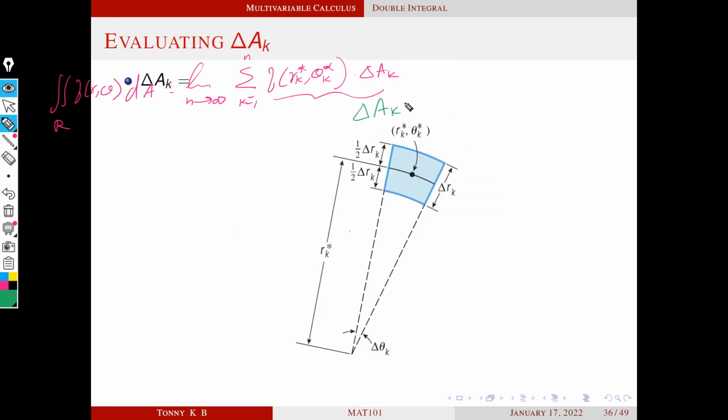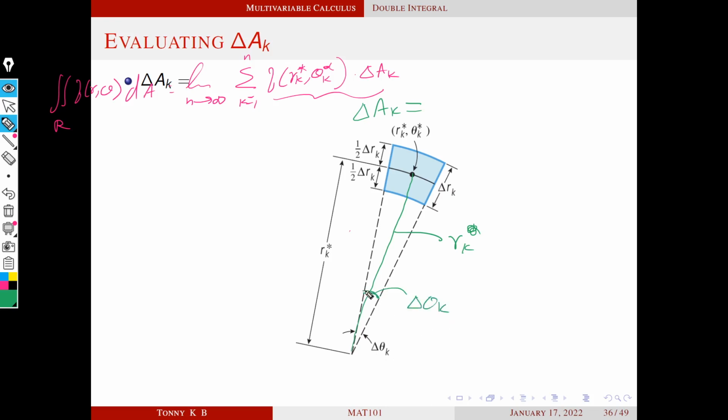Okay, for evaluating this delta A k, we consider the kth polar rectangle, and we choose r k star, theta k star as the center point. That means this length is r k star. Clear? This length is r k star, and this angle is delta theta k.